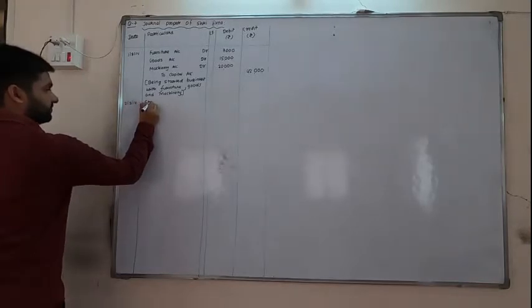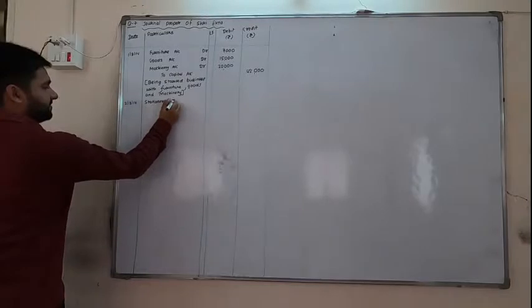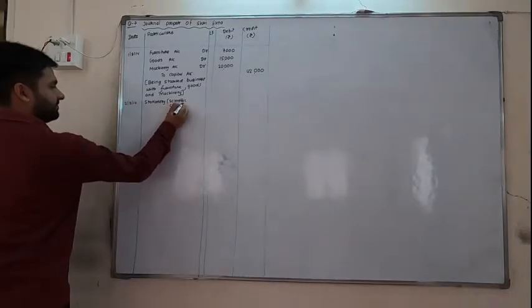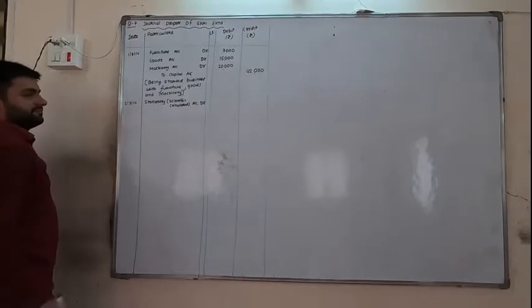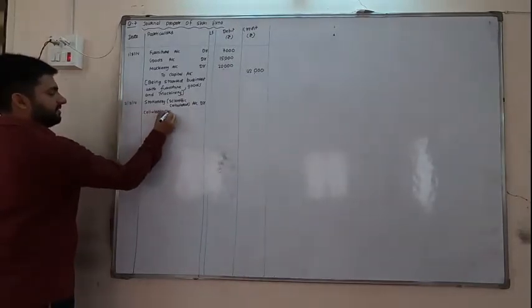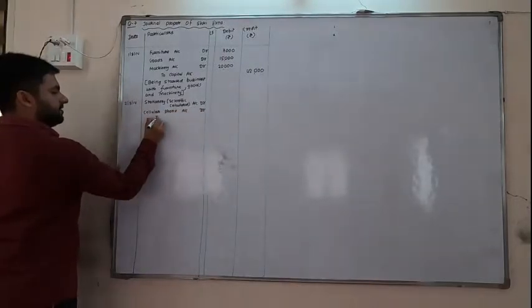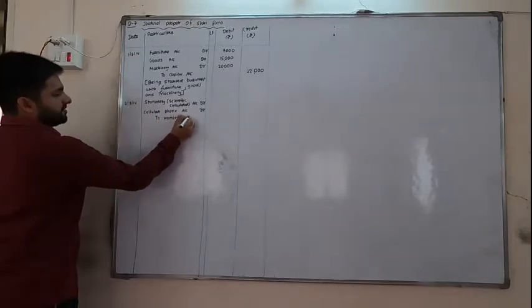So stationery (scientific calculator) account debit, cellular phone account debit to Kamlesh Traders account.